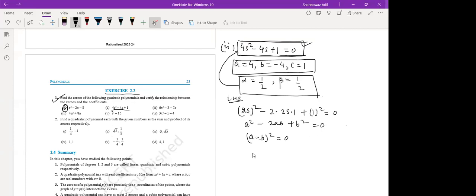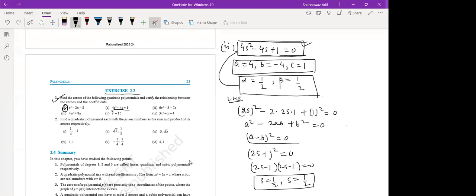So we have 2s minus 1 whole square equal to 0. So we have 2s minus 1, and we'll get s equals to 1 by 2, right? So this is another way we can solve this problem, but only these kind of problems. So this is limited to only this identity, right? Yes, sir. Okay, good.